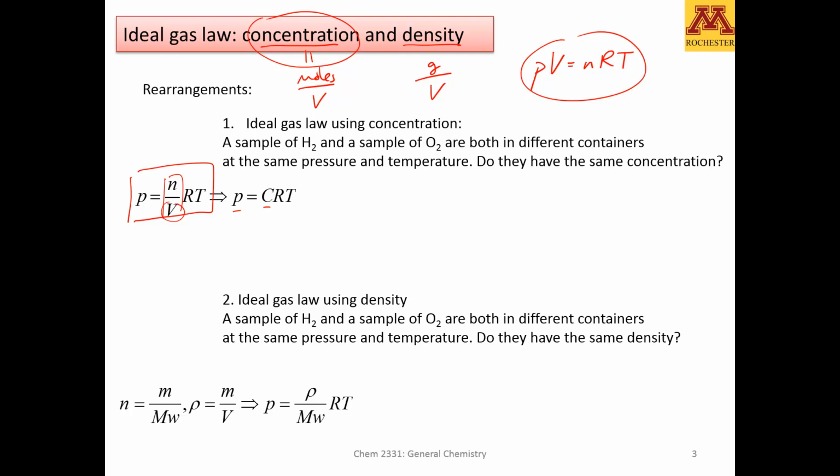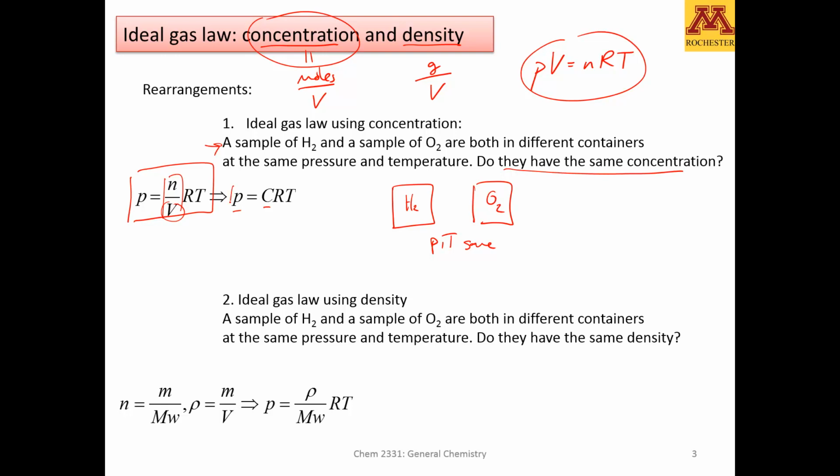So let's solve a simple problem. In this case, we are reading from here. A sample of hydrogen and a sample of oxygen are in two different containers, and it says that both are at the same temperature and pressure. And the question is, do they have the same concentration?